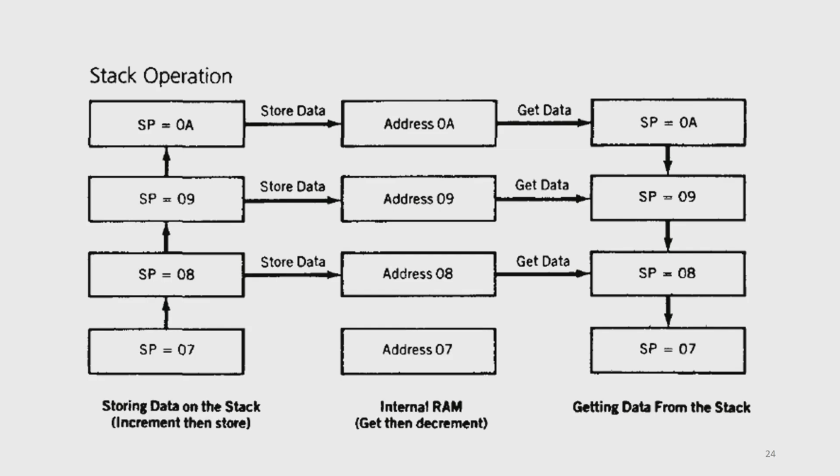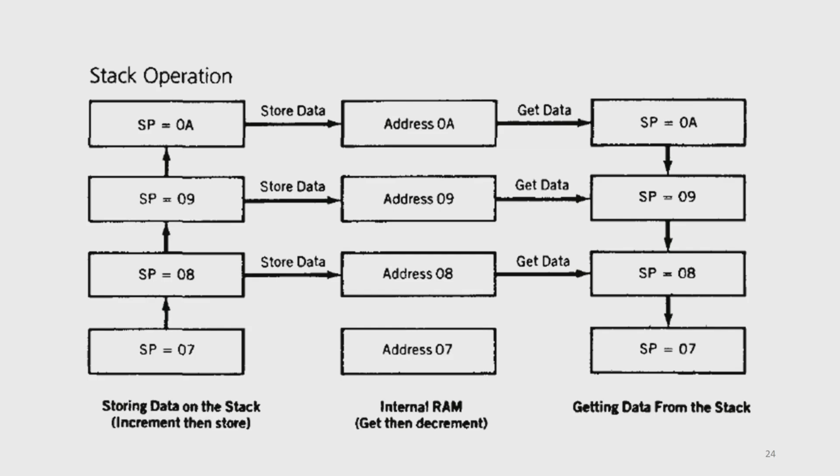This is an example of the stack operation. This block diagram shows the automatic increment while storing data on the stack. First, the data 07 is stored and the pointer gets incremented.